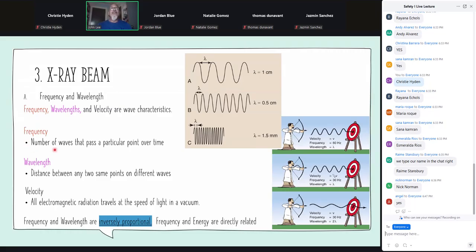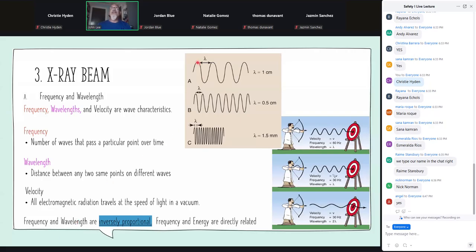and that the frequency, of course, is the number of waves that pass a particular point over a period of time, measured in seconds for the most part. The unit, of course, being hertz, number of cycles per second. Wavelength is the distance between any 2 points on a wave.